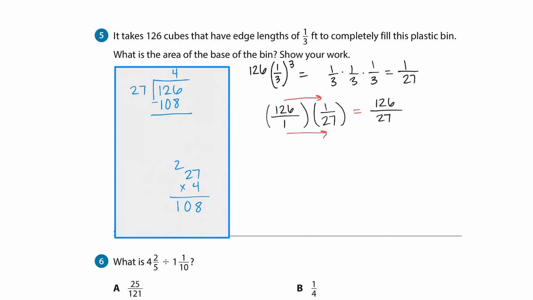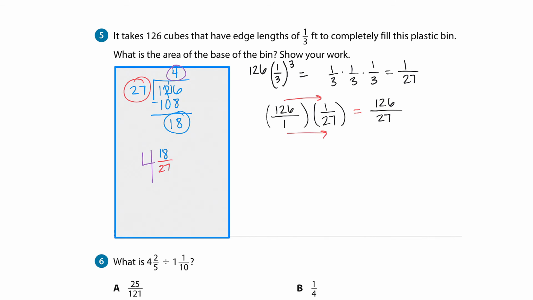Okay, I'm going to find the difference here. Okay, 16 minus 8 is 8. And then we have 1 minus 0 is 1. Okay, so when I'm making a mixed number using long division, my quotient is my whole number. My remainder is my numerator. And my divisor is my denominator.